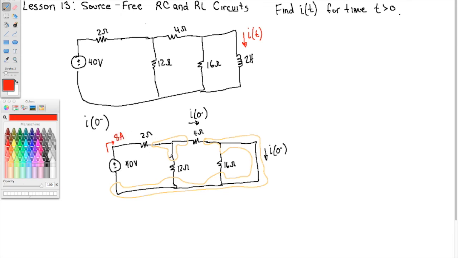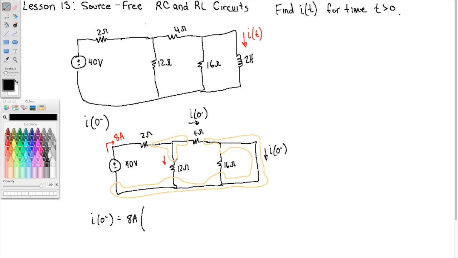So 8 amps approaches this parallel combination, the 12 and the 4. We want to know how much current goes through the 4. We can get that using current division. I of 0 minus equals the 8 amps. How does the 8 amps split?